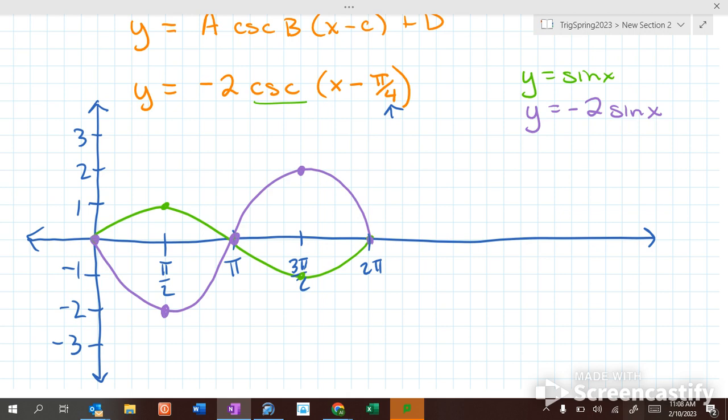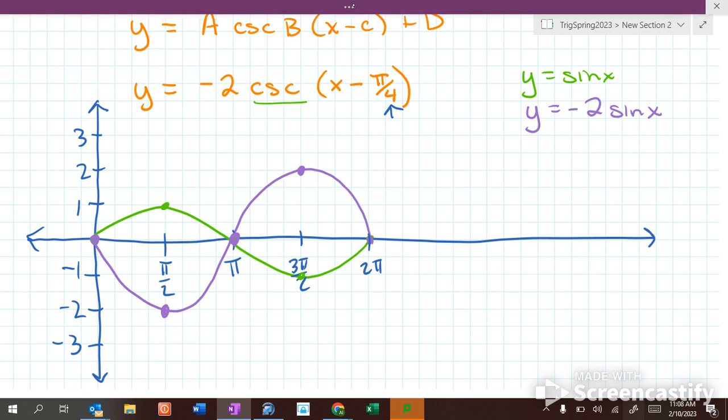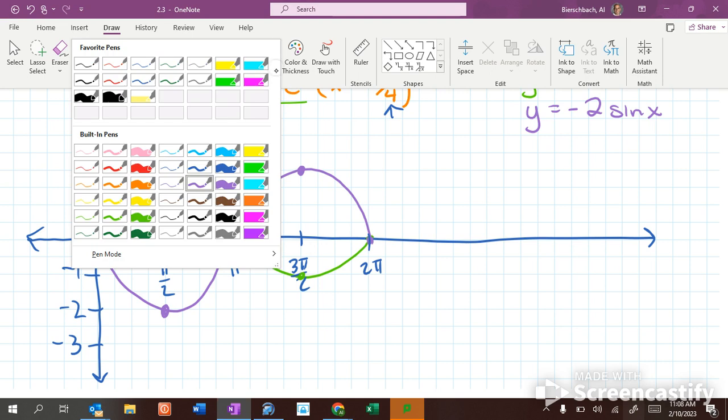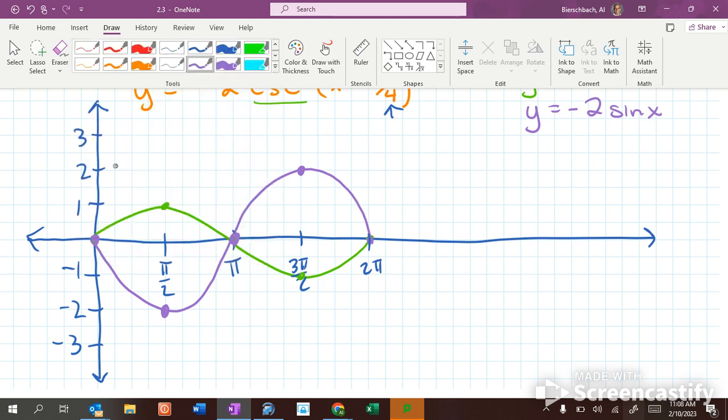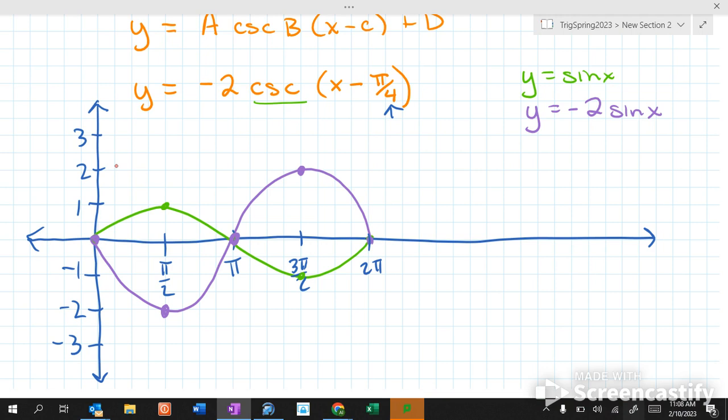All right. Now, should I put it on my cosine curve? No, we should not do that yet. Next, I need to move. What do I need to move? Well, I need to move right by pi over 4.